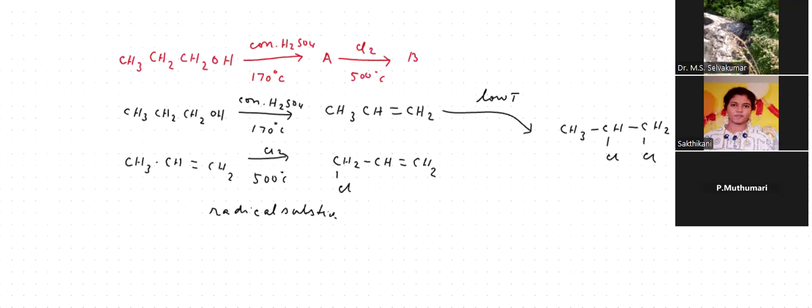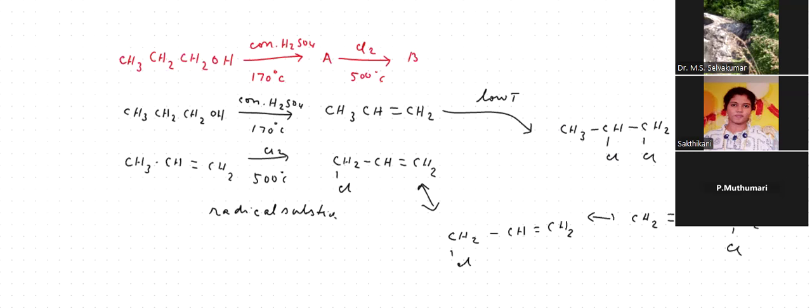Actually, there is a resonance structure here. This can be CH2Cl, CH double bond CH2, or it can be on the other side, CH2 double bond CH, CH2Cl. So it can exist in a resonance form.